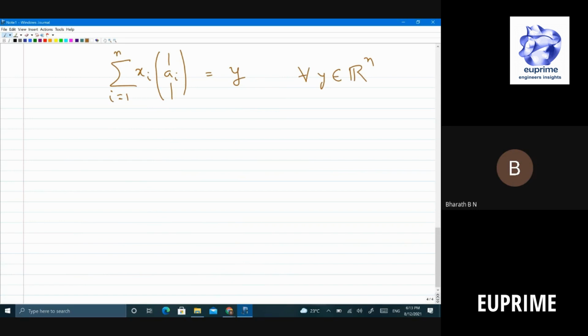It's too much to ask for if you say basis and all that. So basically, any y in Rn should be in the span of the column vectors. In other words, the span of A1 through An should be equal to Rn. This is all it requires.